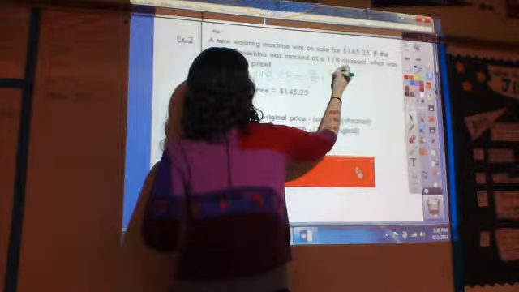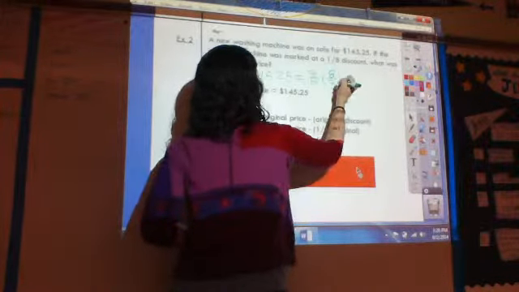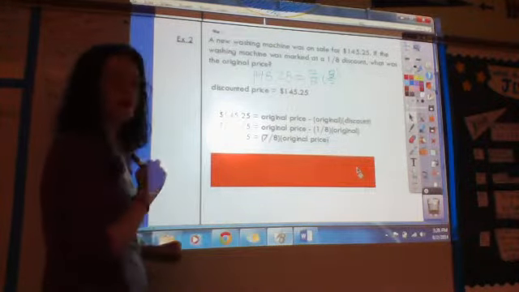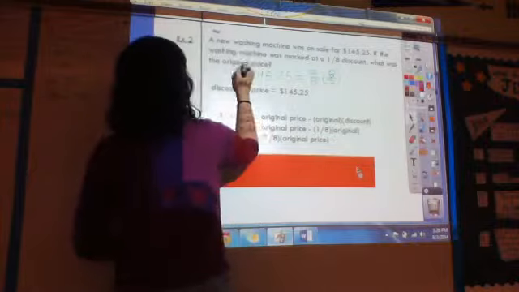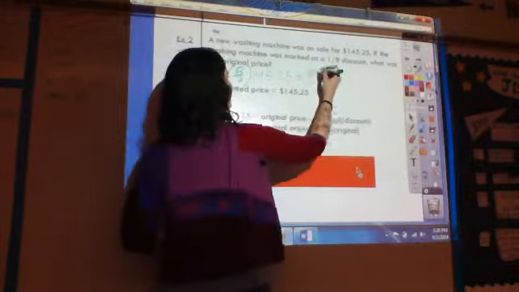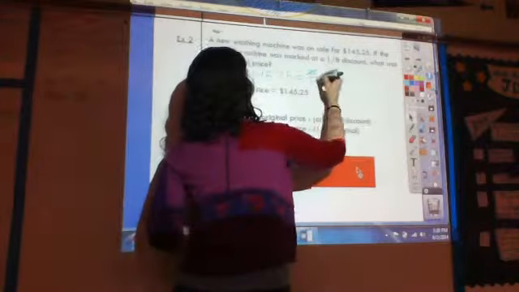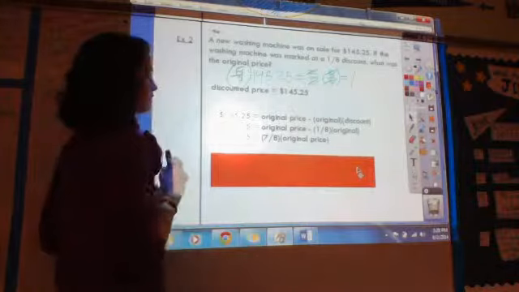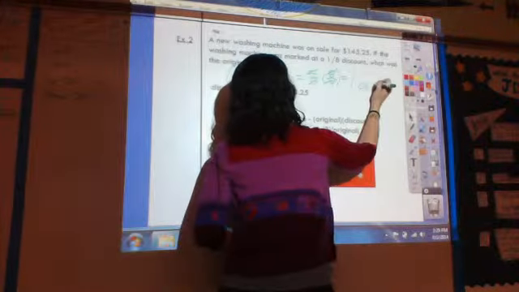So I'm going to multiply by 8 over 7. And I'm always going to multiply on both sides of my equation because we need it to stay proportional. And I multiply by the same thing. My 7 and 7 cancel out, and my 8 and 8 cancel out, which means this is equal to 1. That's exactly what we wanted. 1 original cost.